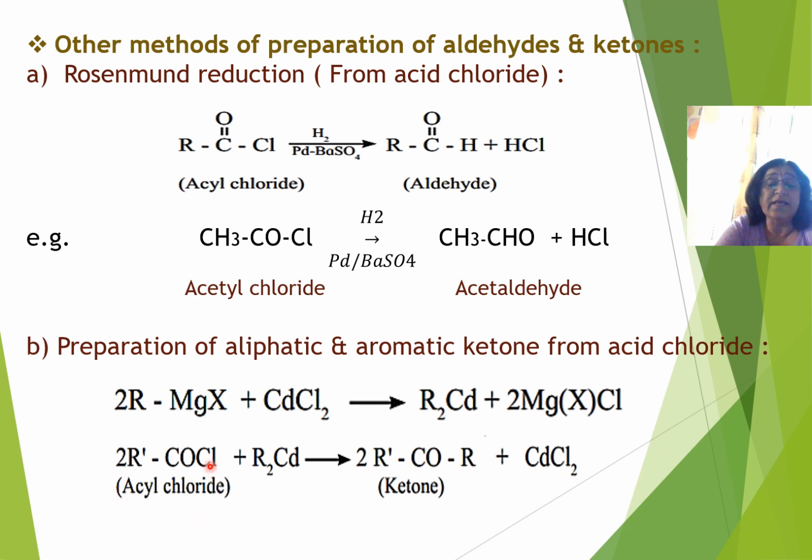Then acyl chloride is treated with dialkyl cadmium and you get ketone plus CdCl2. So 2 R-COCl plus R2Cd gives 2 R-CO-R, and CdCl2 is a side product. That's how ketones are obtained from acid chloride.